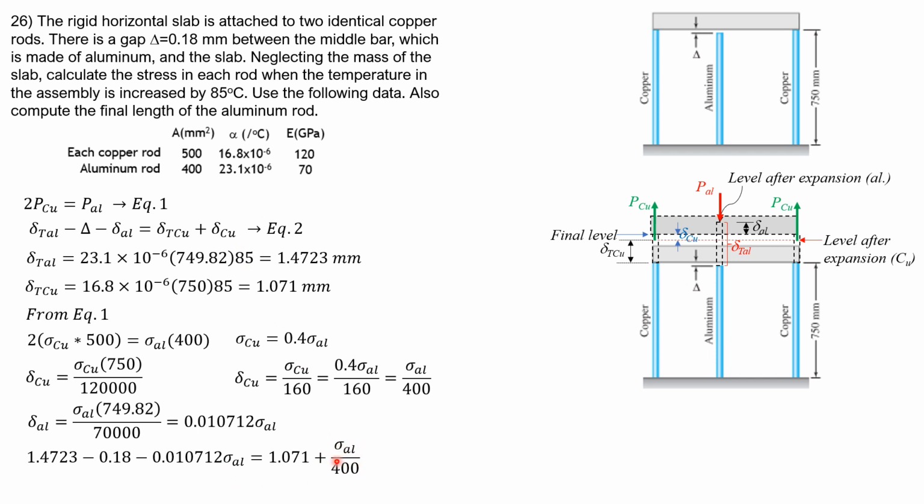So it is stress in aluminum that remains in this equation as the unknown. We can now solve: stress in aluminum equals 16.75 megapascals compression. Then stress in copper is 0.4 of 16.75, so that would be 6.70 megapascals tension. So that's it for this problem.